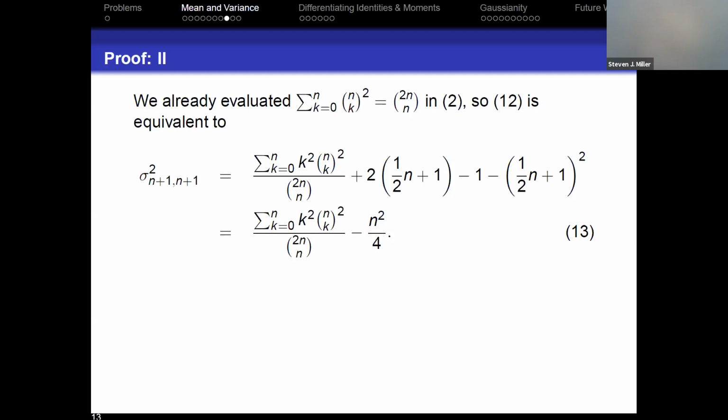How do we evaluate the sum of k squared? So any thoughts as to how we might try to evaluate k squared times n choose k squared? So this is a hard problem.